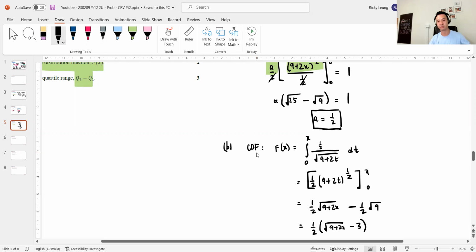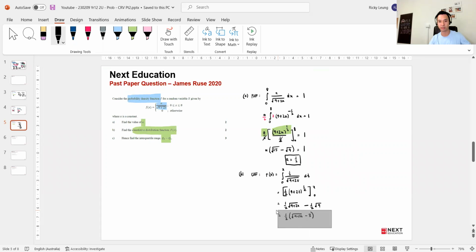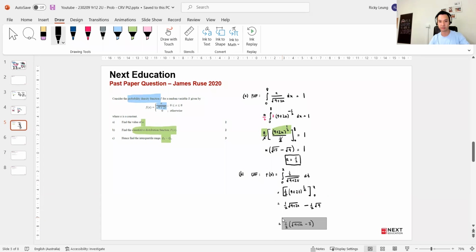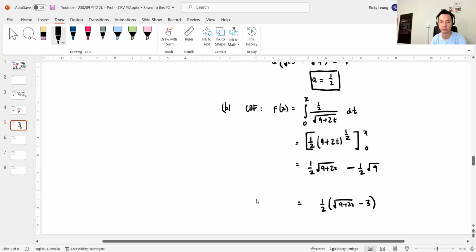To write that better, I can't fit it, so I'm just going to move this down, then move this out, and then put in my piecemeal. Therefore, capital F(x) equals piecemeal, so I can do 0 here, 1 here.